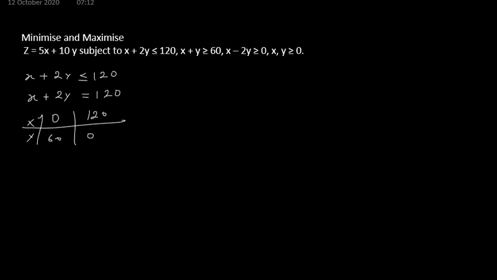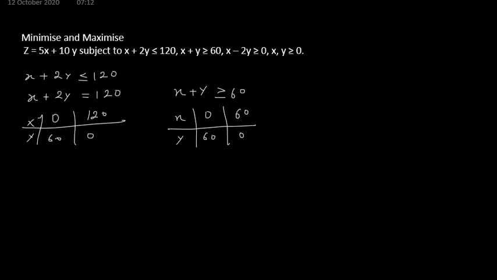Now second equation I have x plus y greater than or equal to 60. So x and y, when I take x as 0, I get y 60. When I take y as 0, I will get x as 60.